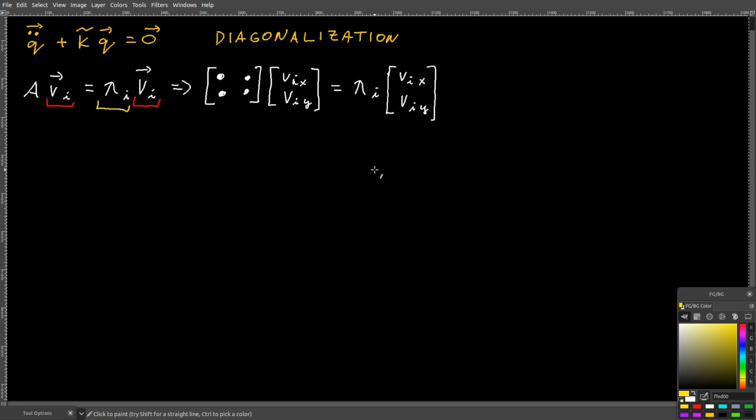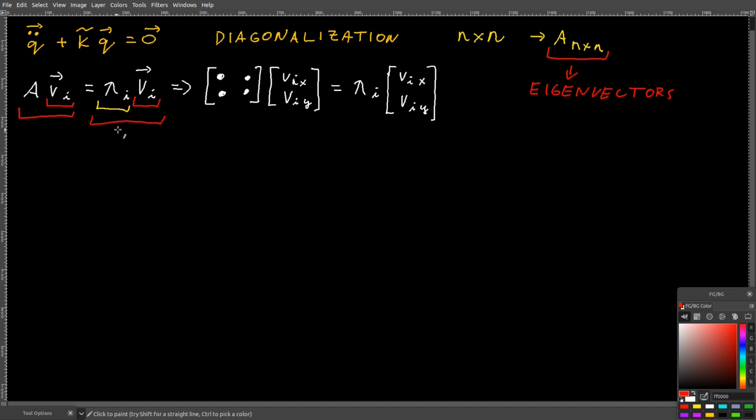And in general, if you have a square matrix that has the dimensions of n by n, and let's call this matrix A again, then the square matrix A has special vectors called eigenvectors, such that if you multiply A by one of them, then on the other side you will get a vector with the same direction.